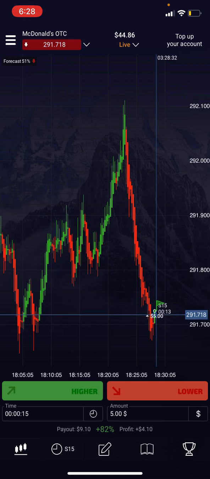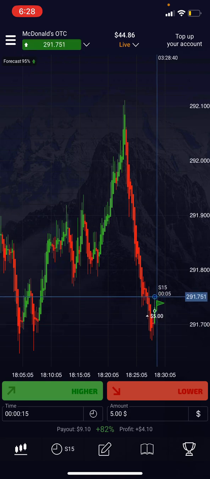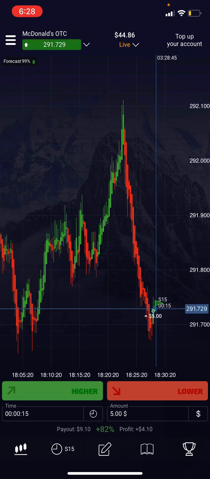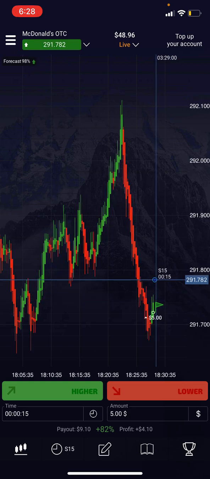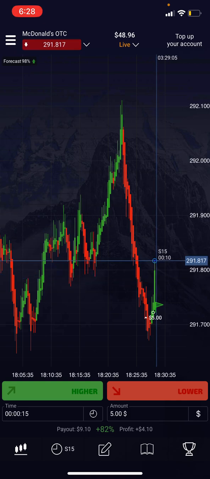Probably start seeing some green candles here. Okay, looks like we found some support right there when we headed up.